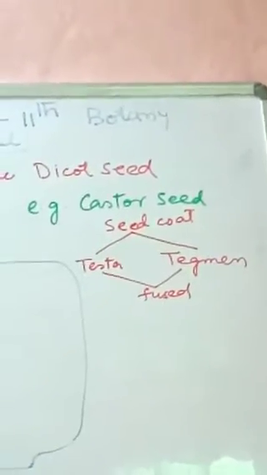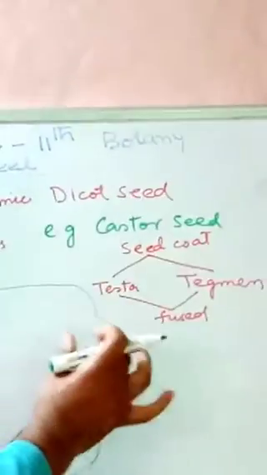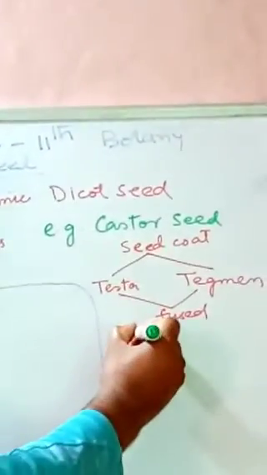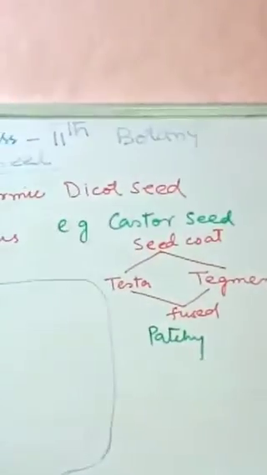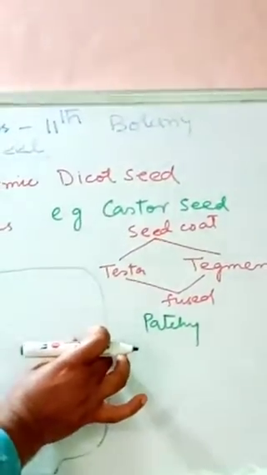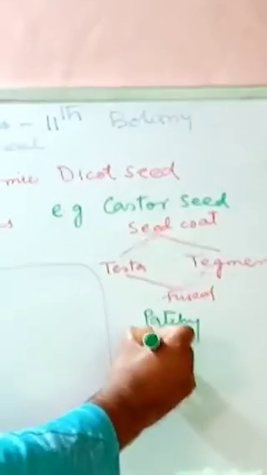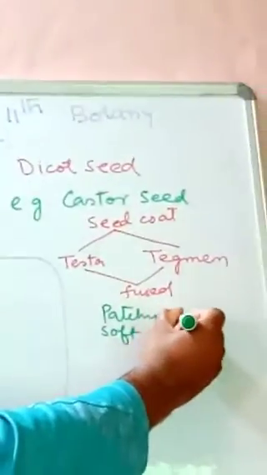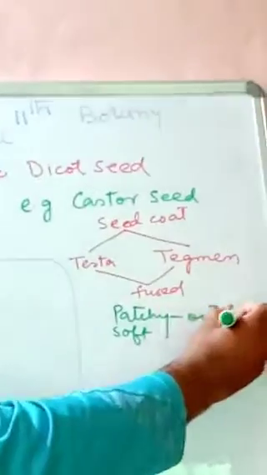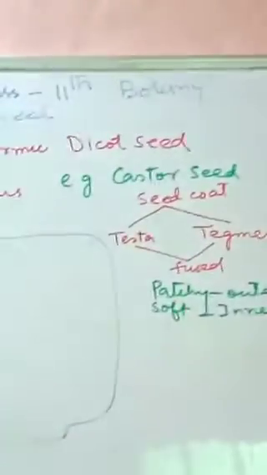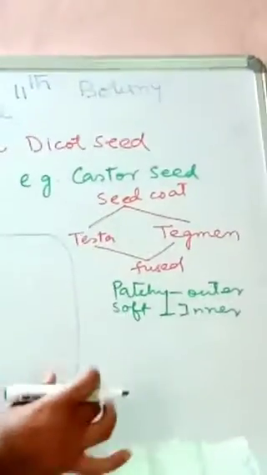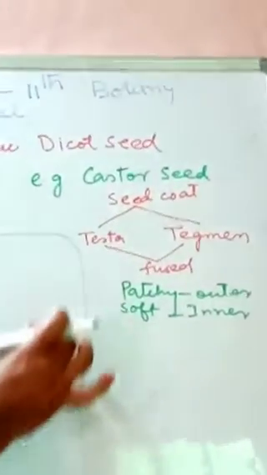If we see testa की जो बाहर वाला इसका है, that is the outer coat, it is somewhat patchy. And if we go on the inner side, that is very smooth. This is the outer, this is the inner. Outer is somewhat patchy, somewhat designed, while on the inner side it is soft.